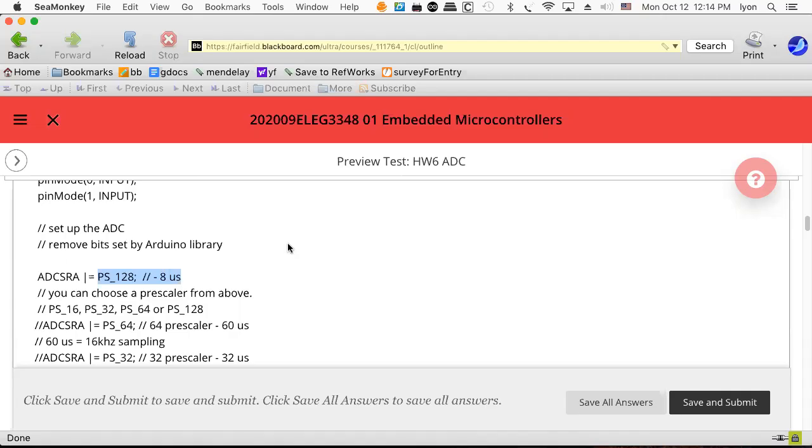That gives you a 125 kilohertz rate, right? 1 divided by 125,000 should give me the period, which is 8 times 10 to the minus 6. And that's 8 microseconds. Okay, thank you. So that's how I do that.